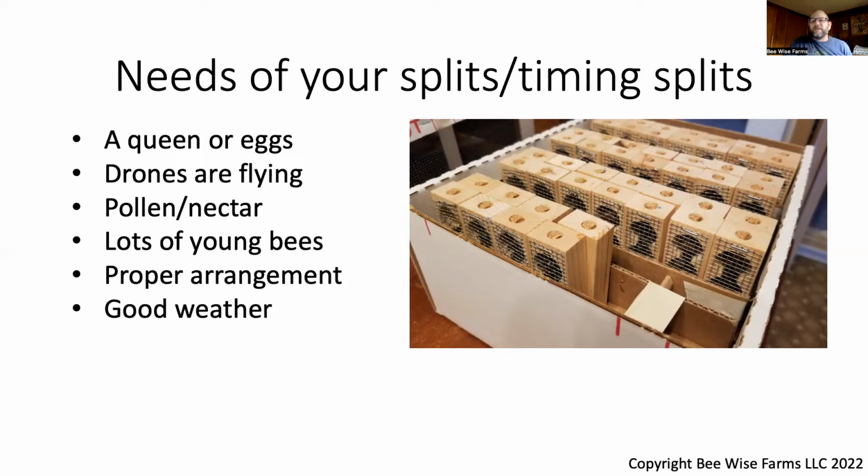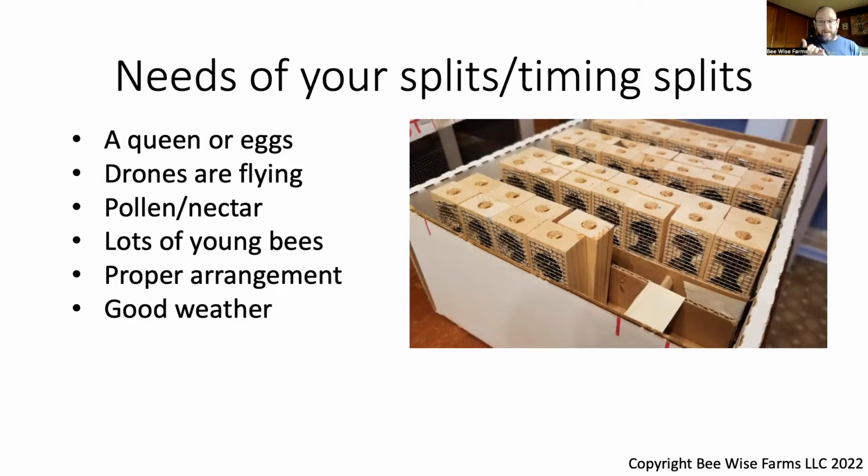Okay, so let's start with the needs of your splits and timing of your splits. In the context of the beginning of the season, when we're talking about spring splits, the things you are going to need before you even get started, you're going to need either a queen or eggs. What I mean by that is you have to have some way for the colony to become queen right.